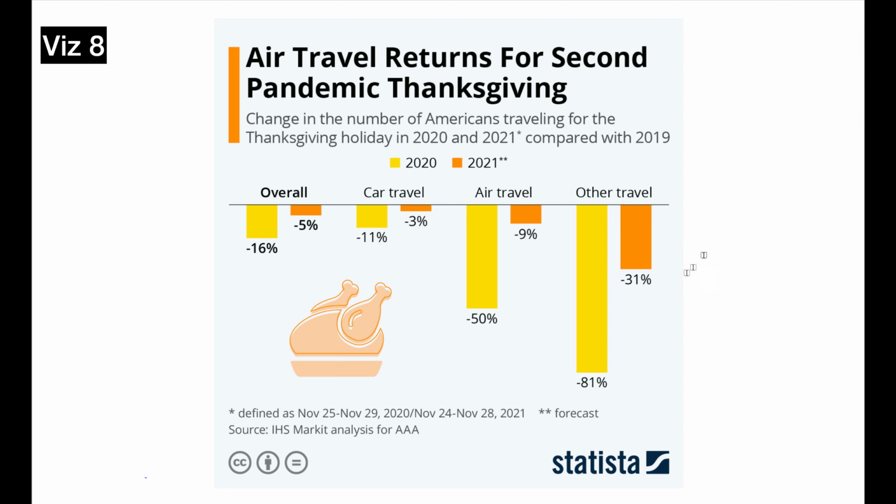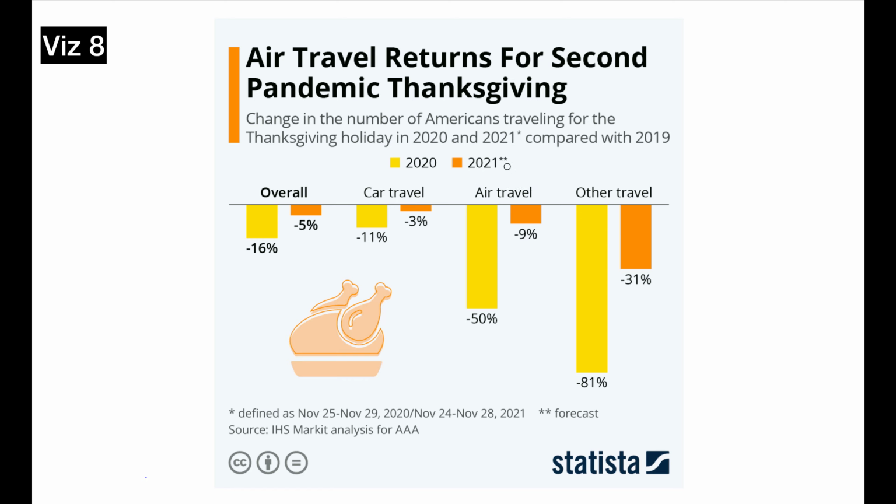Here is a plot again, I don't know, sort of semi-serious, showing the impact of the COVID pandemic. In the year 2020, all forms of travel were well down compared to the previous year for people traveling for Thanksgiving, and particularly air travel was way down.